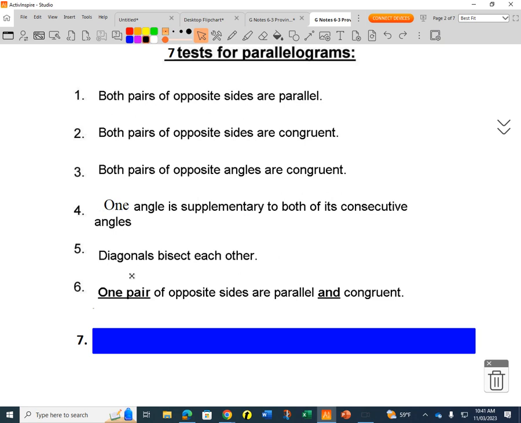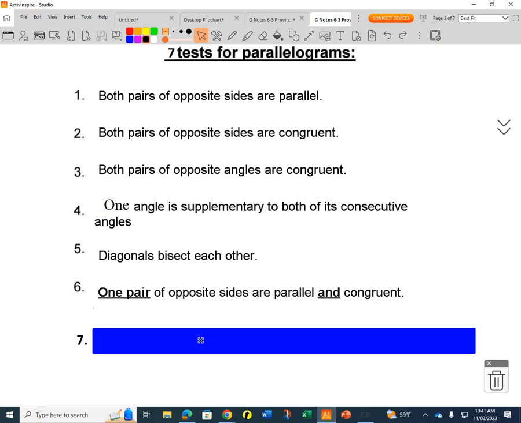But if you don't know that, and you do know that one pair is parallel and congruent, then you could also say it's a parallelogram. So that was not in the list of our properties. But if we know that one side is parallel and that same side is also congruent, now we can say that that quadrilateral is a parallelogram. Does that make sense, Olivia? Does that make sense, Brandon?